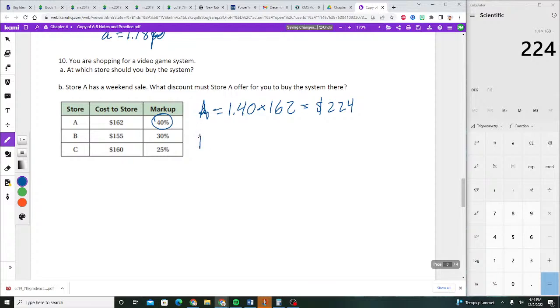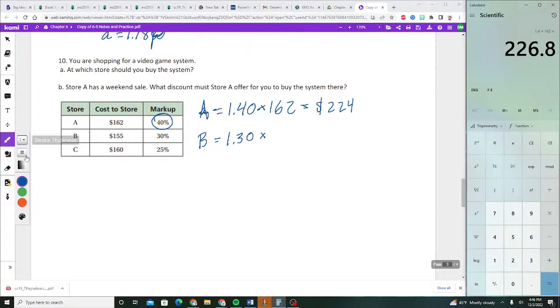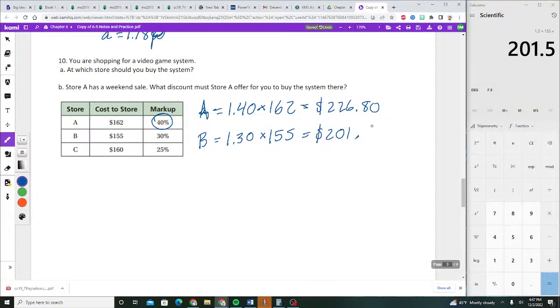At the next store, it's 1.3. Oh, times 162. Whoops. Why doesn't that look right? 1.4 times 162. There we go. I knew I didn't do something right. Next one is 155. So that's 1.3 times 155, which gives us $201.50.